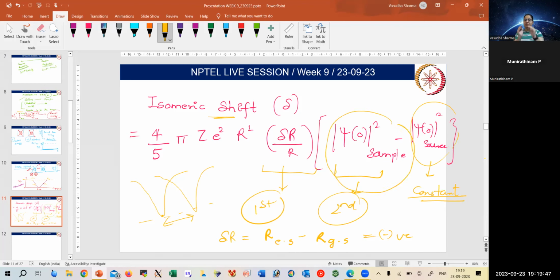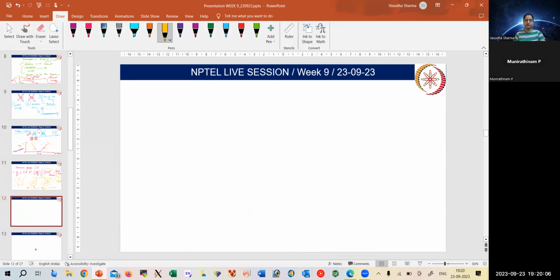Because the sample is varying, be it in oxidation state or the kind of ligands or environment it has, that would be different. So the s electron density penetration into the nucleus of the sample would be varying depending on different parameters. So these two parameters are the main ones affecting the delta. Now, one more thing. When I'm talking about the s electron density of the sample, why is it actually getting affected?